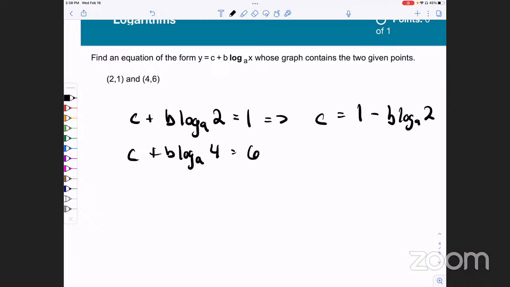Then we take this C and plug it into the other equation. That gives us 1 minus B log base A of 2 plus B log base A of 4 equals 6.